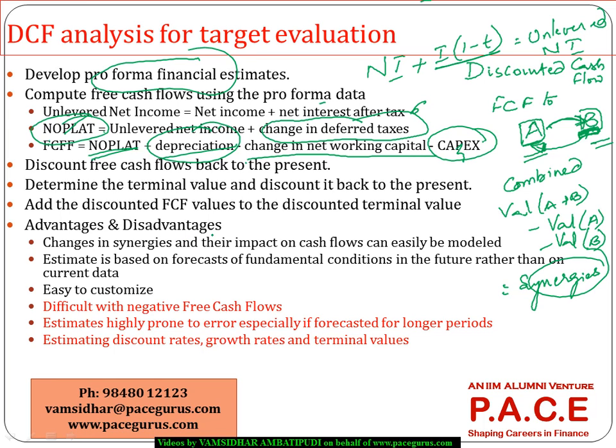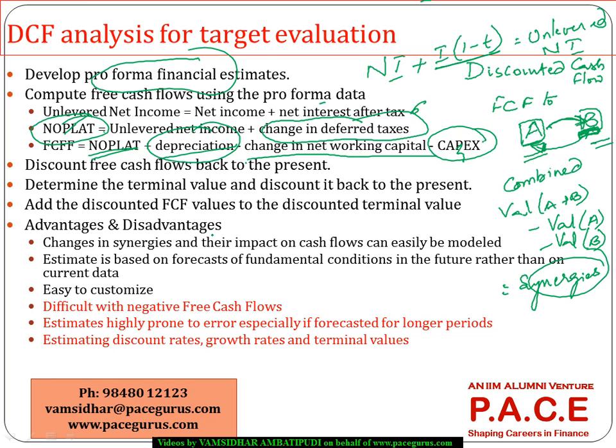So whatever is the cash available with the company, after deducting all the necessary expenses for the particular year, that is what we are calling the free cash flow. So for every year, based on the pro forma financial statements, we will find out the free cash flows.